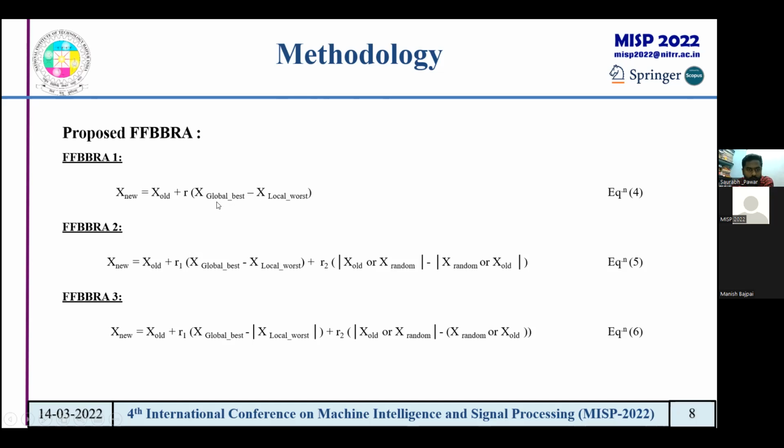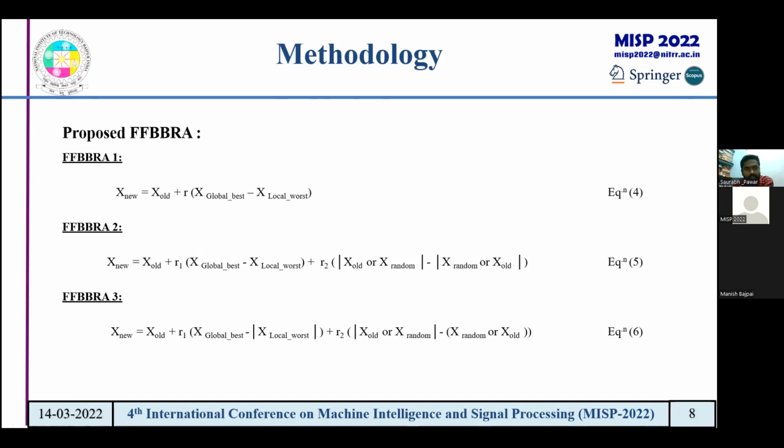The local worst and global best concepts come from the fusion behavior of the spider monkey optimization algorithm. Spider monkeys live in a united group and split themselves whenever food scarcity occurs. This process is called fission, the splitting of the population. And when they unite together in the evening, there is a criteria for the uniting.